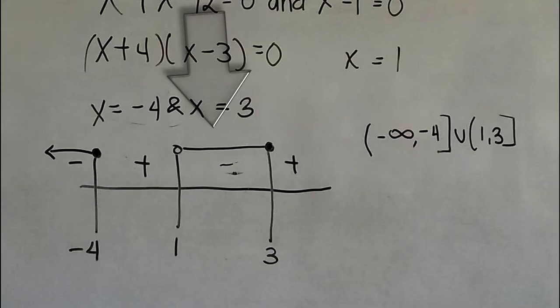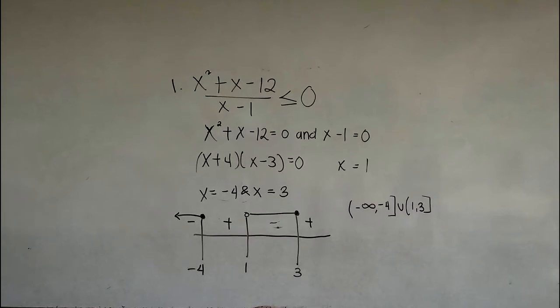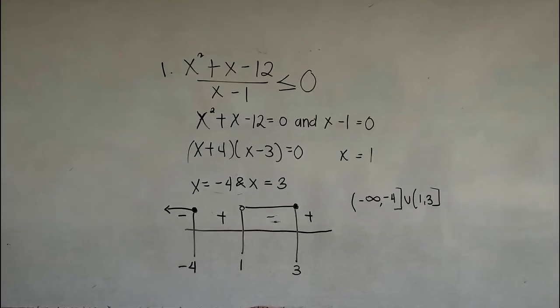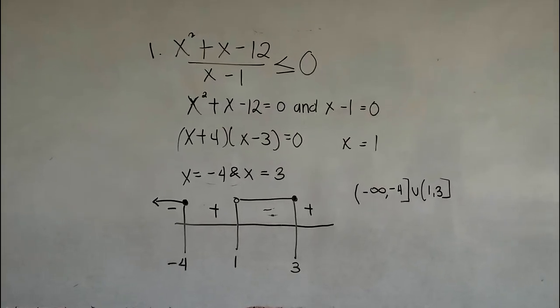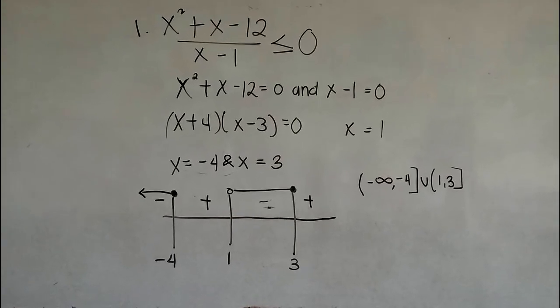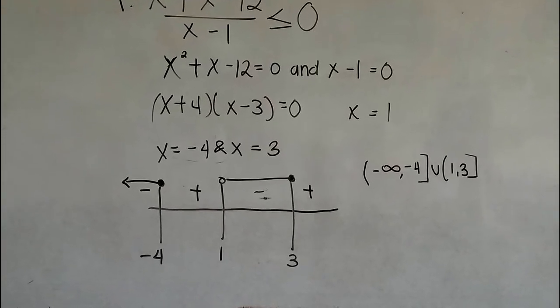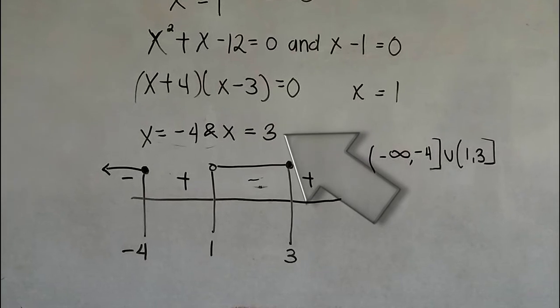Step 3. Make a sign analysis chart. To make a sign analysis chart, use the key or critical values found in step 2 to divide the number line into sections. Step 4. Perform the sign analysis. Pick one number from each of the sections created in step 3 and plug that number into the polynomial to determine the sign of the resulting answer.